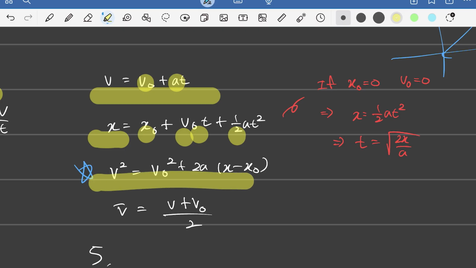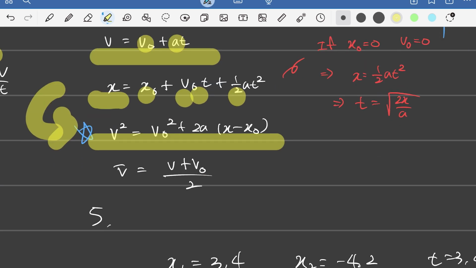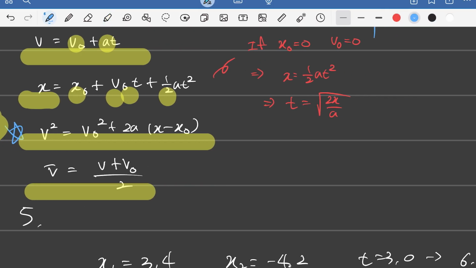This is another formula that you get by using this one. And the average velocity is the final velocity plus initial velocity divided by 2. I'll be a little bit more specific about how we get this equation.